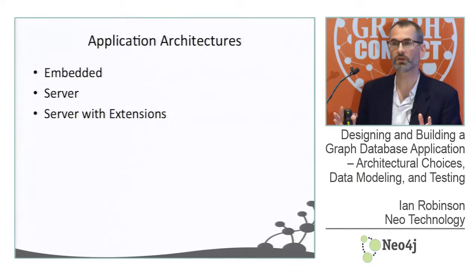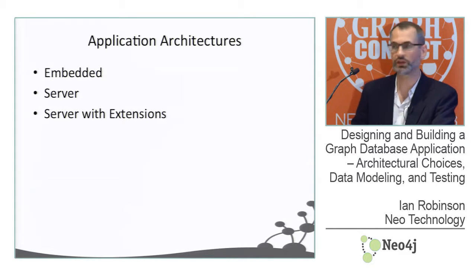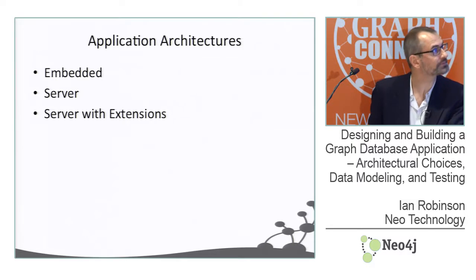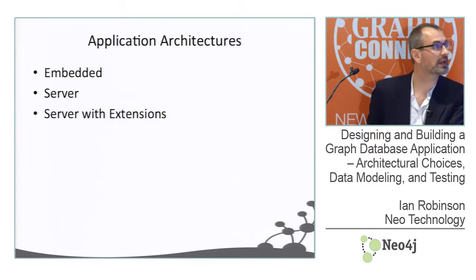We've created the server infrastructure that wraps an embedded graph database instance. It hosts it out there on the network, and then your client communicates with it over HTTP. We provide a REST API, and you exchange JSON formatted documents with the server in order to query it or to create data. And that's our vanilla remote API.